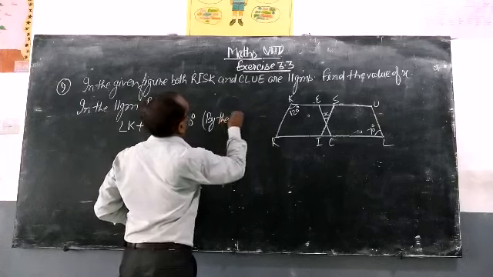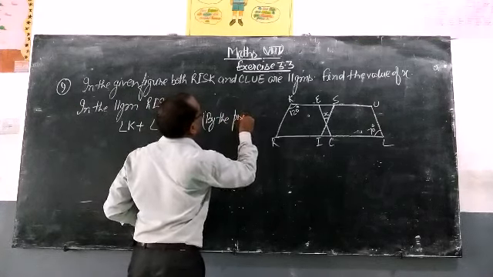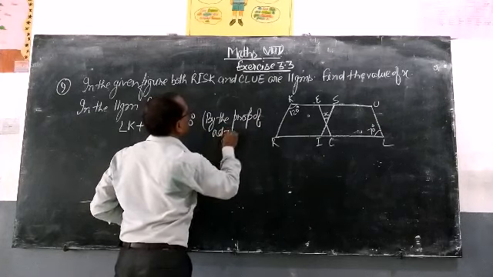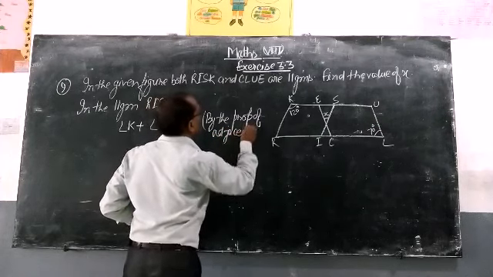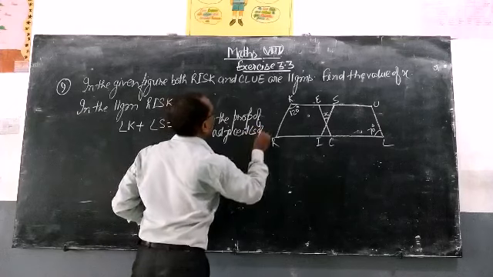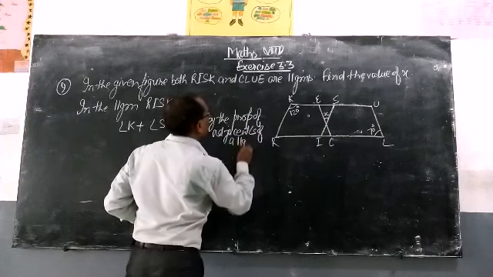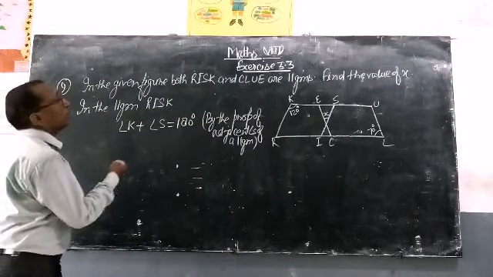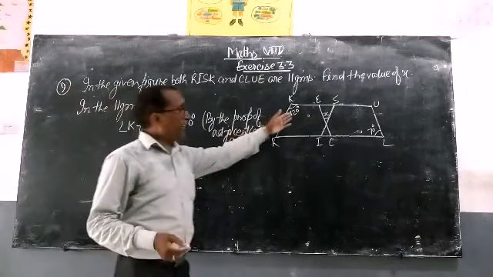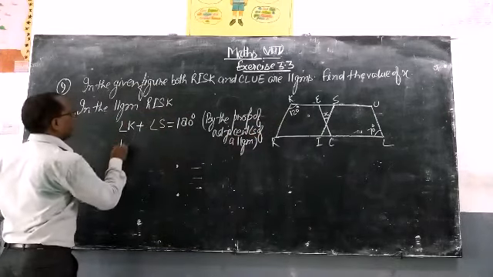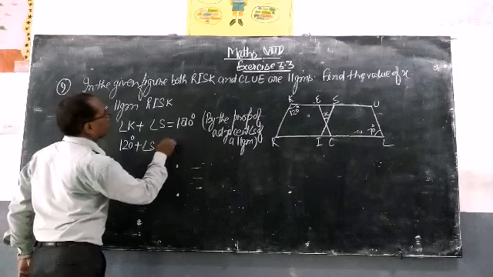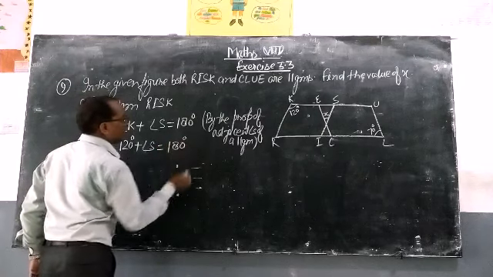By the property of adjacent angles of a parallelogram, then put the value of angle K. Here it is 120 degrees. 120 degrees plus angle S is equal to 180 degrees.